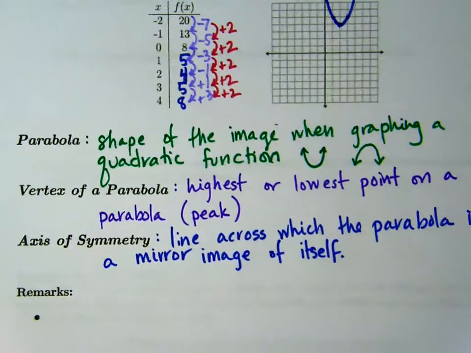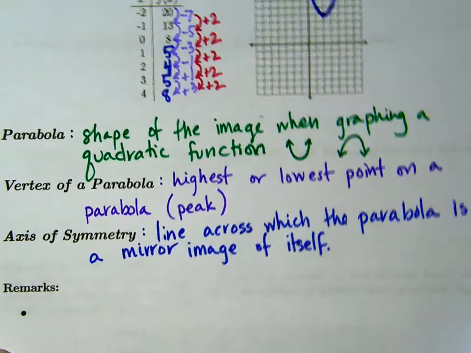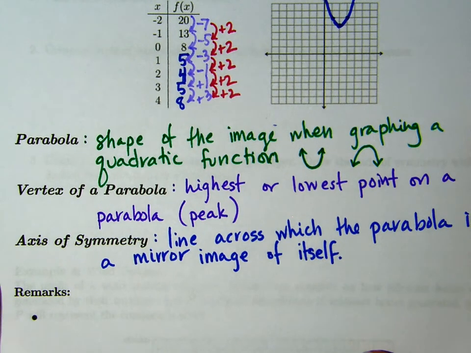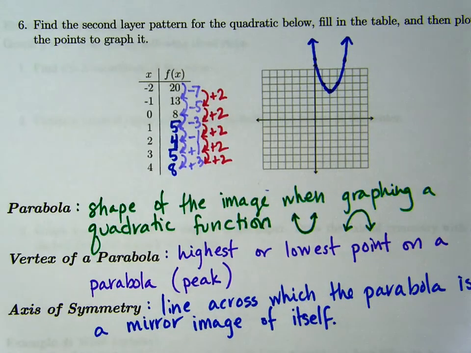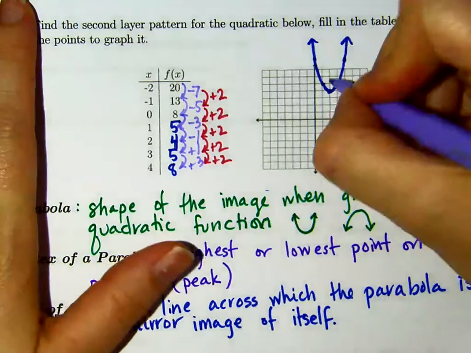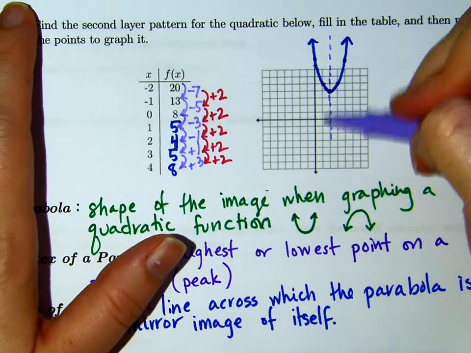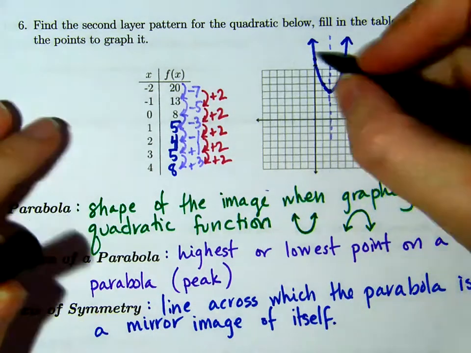All right. So what I'm going to do now is I'm actually going to backtrack just a little bit. If I go back up here, right, then I see I can build this line that goes straight through the vertex, which is right here.